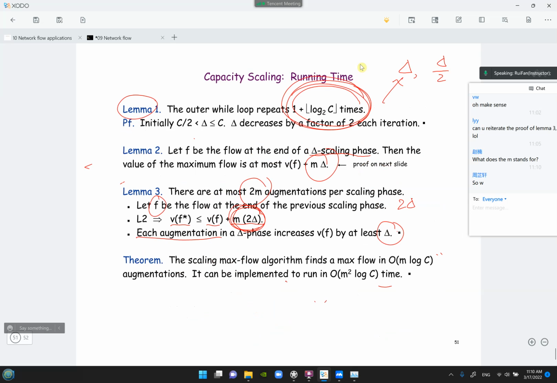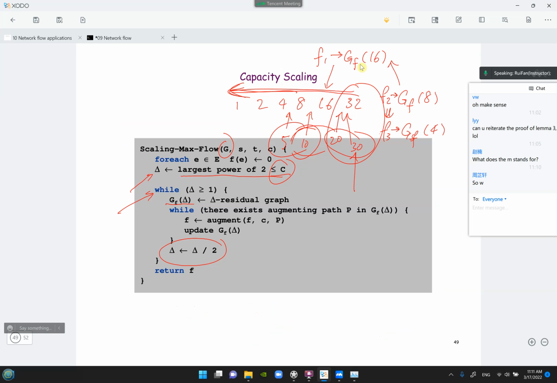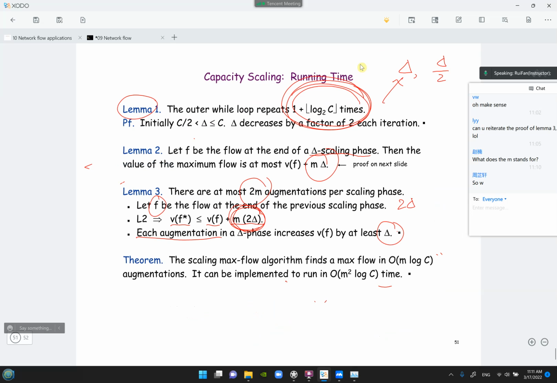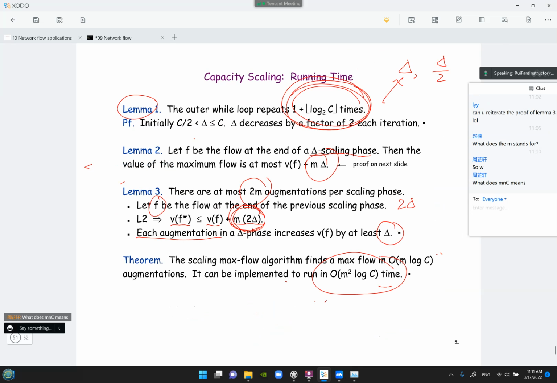Anyways, let me just summarize everything. What we did was we found this capacity scaling algorithm, sorry about the mess, and we showed that this algorithm terminates in this amount of time. This algorithm is basically like Ford-Fulkerson, except we remove all of these small edges in the beginning.